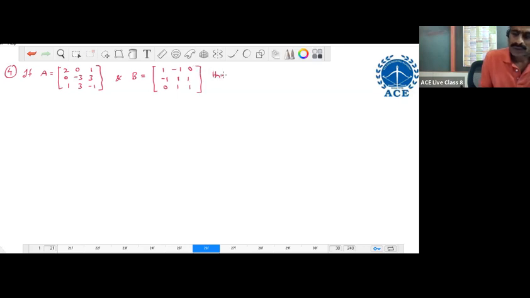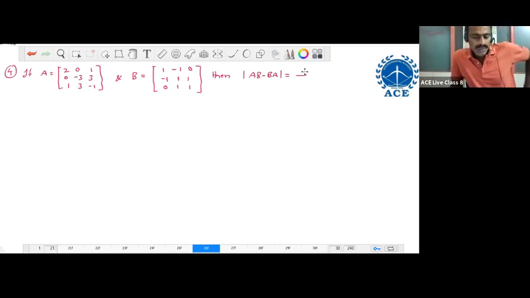Then determinant of AB minus BA equals. We are given 2 third order matrices and we are asked to find the determinant of a matrix. Here the matrix is AB minus BA. So first we have to find this matrix AB minus BA and then we have to find its determinant value only.